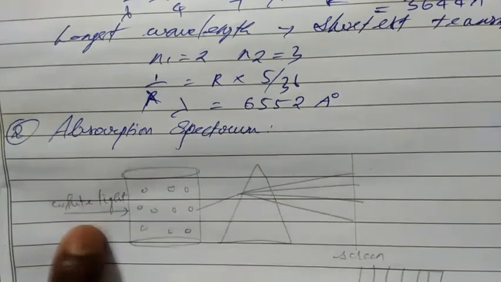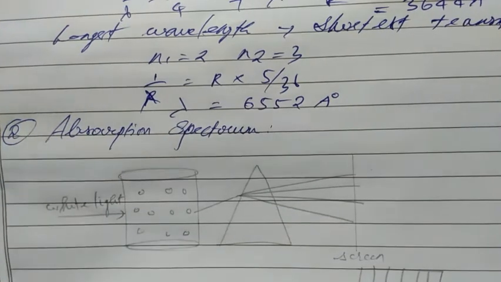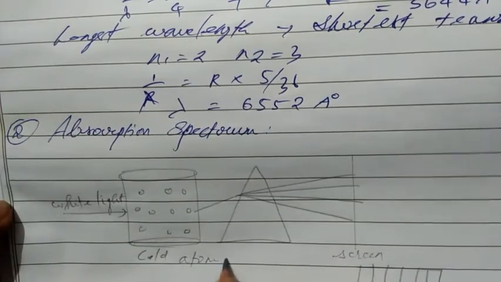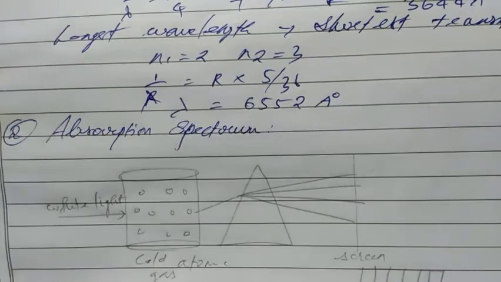We pass white light through cold atomic gas. We know white light has several colors.